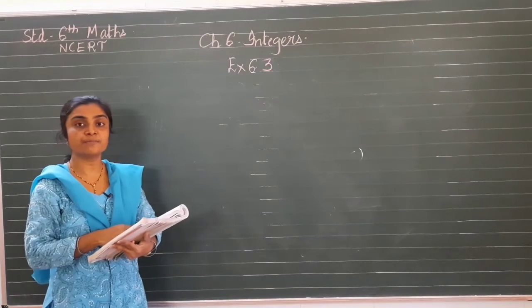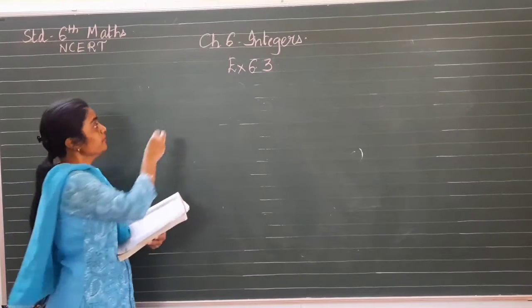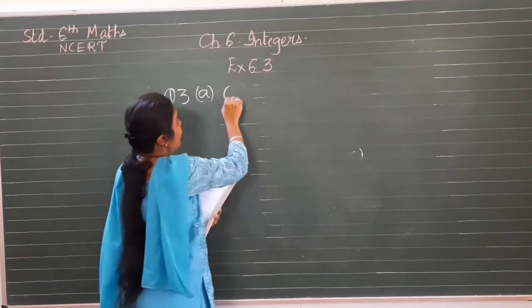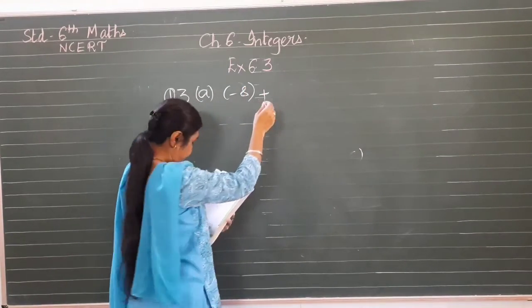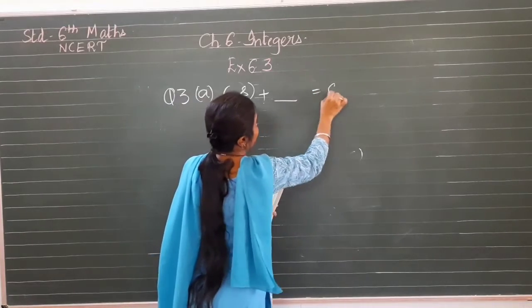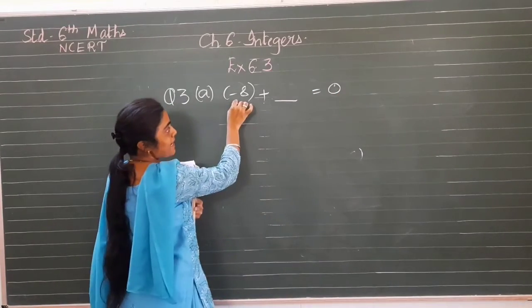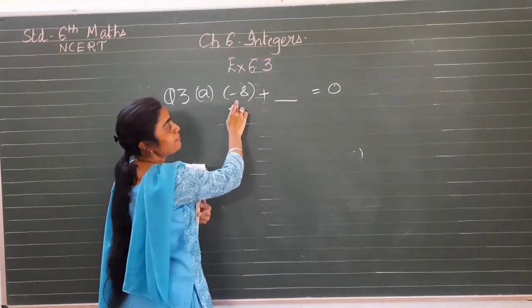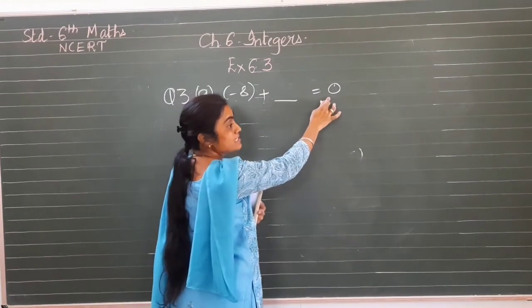Now let us see question number 3, fill in the blanks. The first one is minus 8 plus dash is equal to 0. Now here is minus 8 and here is 0. If you take the additive inverse of minus 8, then only you will get the answer 0.